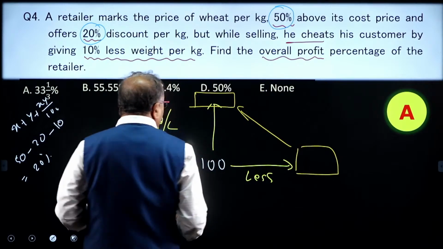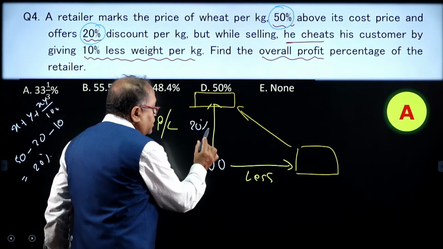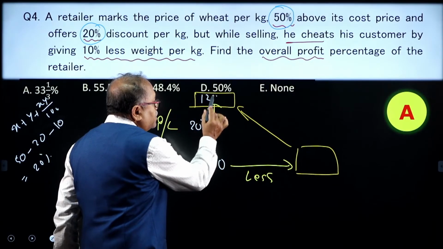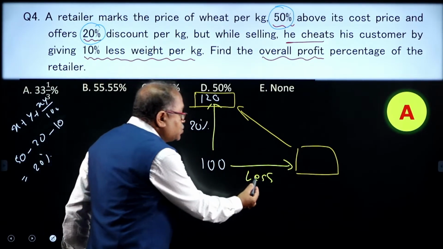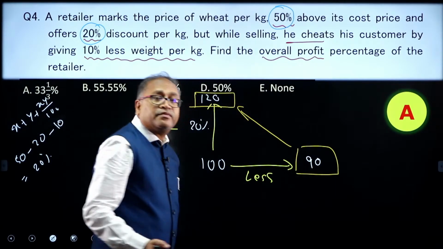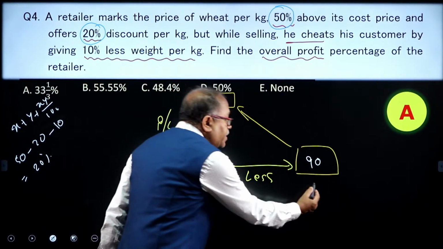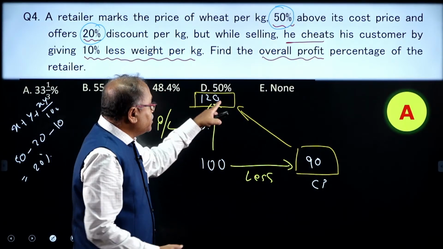So, let us write down here, if he is making a profit of 20%, then 100 plus 20 is 120, and he gives 10% less over here, so 100 minus 10 becomes 90. So, you have the cost price and the selling price, and you can find out the profit. How much is the profit?